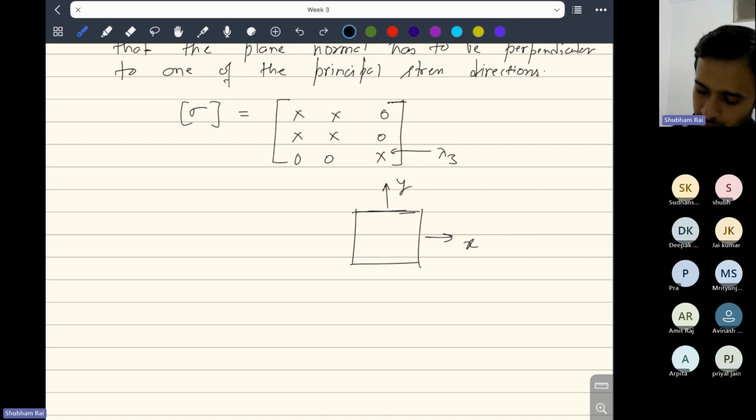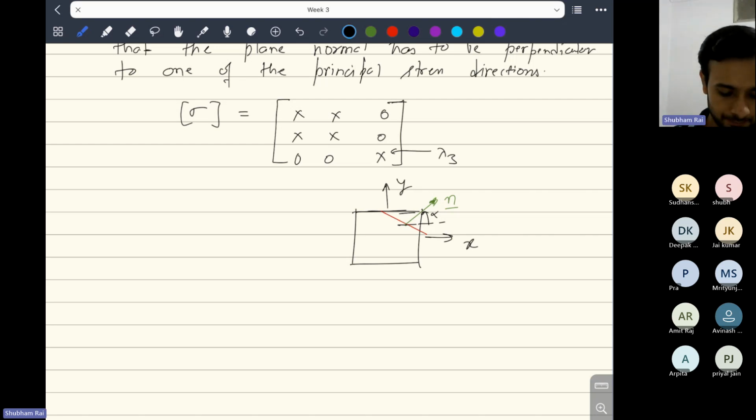Let's say there is a plane here, and its plane normal is like this, and on this plane you want to find the normal and shear stress. Let's say this plane makes an angle alpha with the x-axis.